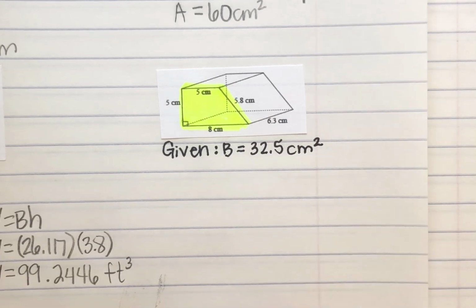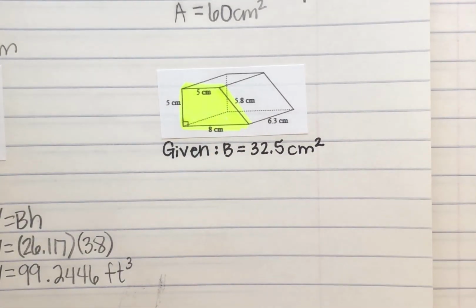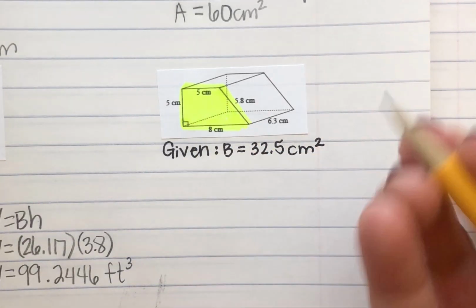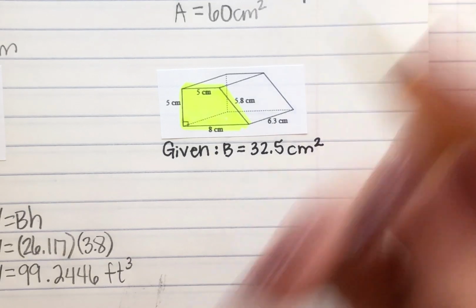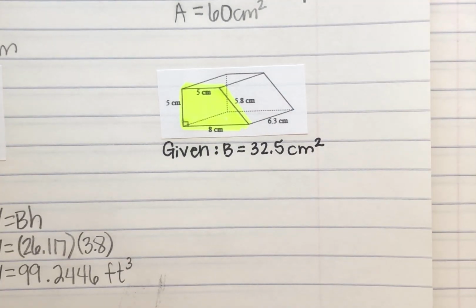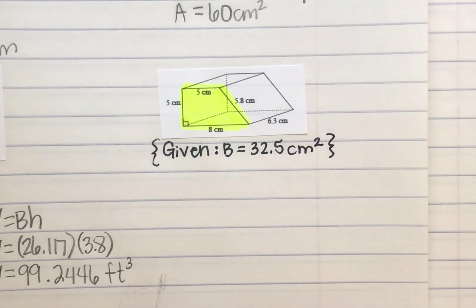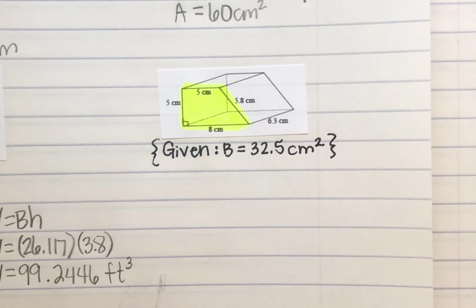So in your mind, I want you to think about what shape this is and what shape this prism would be. So this here is absolutely a trapezoid. So this is going to be a trapezoidal prism. We're not going to see them very often, but you'll notice we have some given information. So we've got this right here that is given to us, okay?